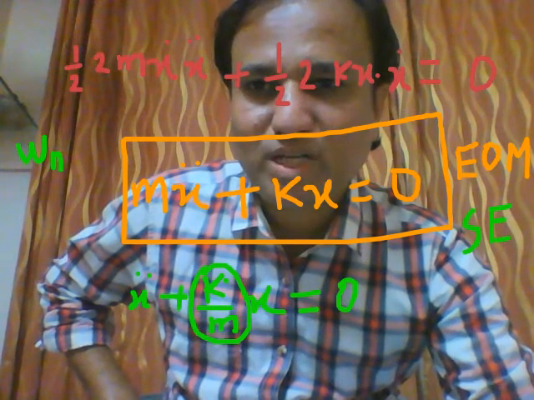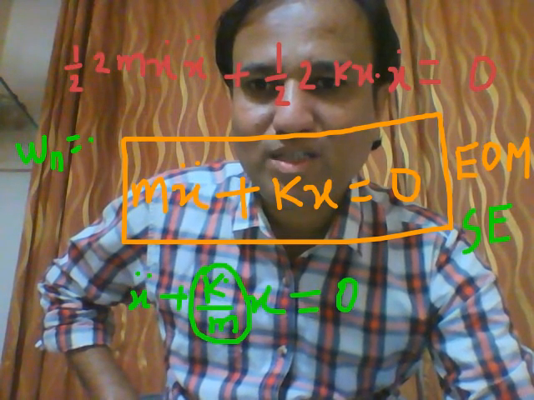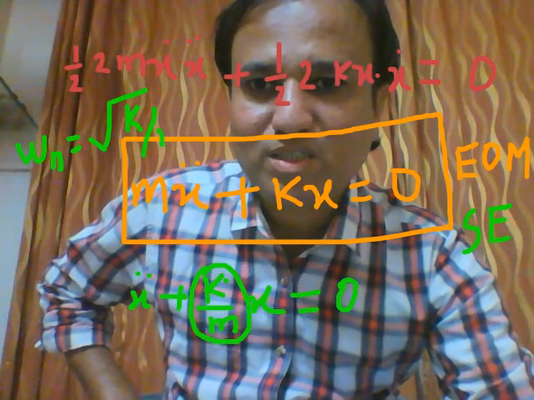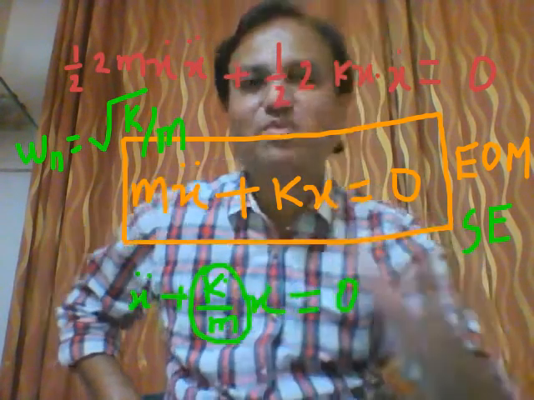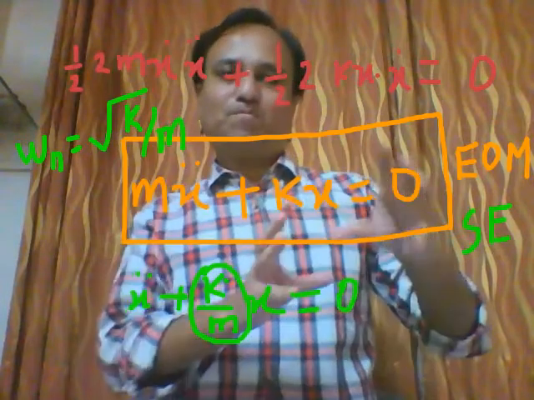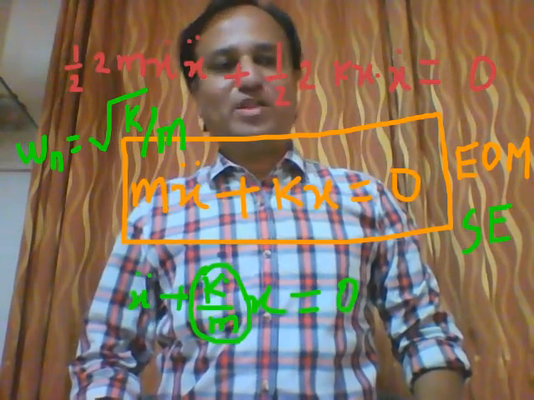If this term is omega n square, then omega n is equal to square root of k by m. So this is the natural frequency for a simple spring and mass system in a longitudinal vibration.